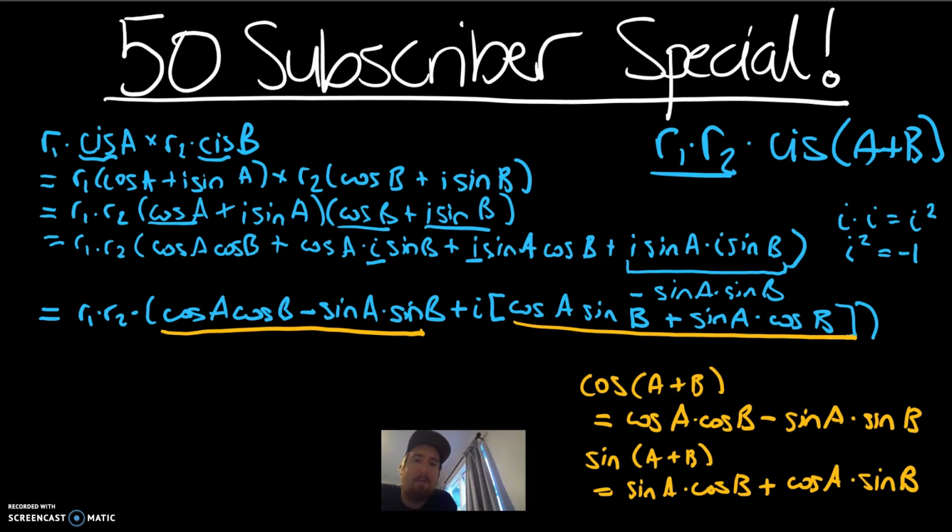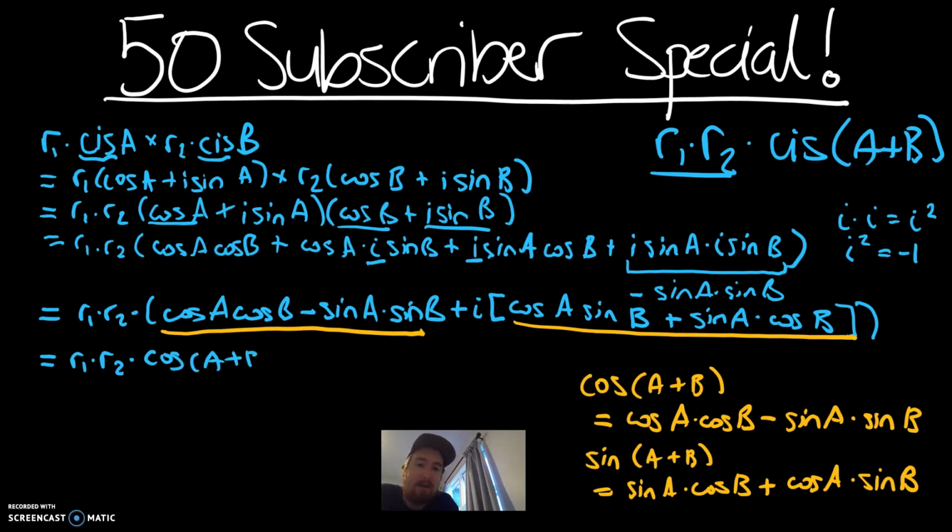I'm just going to switch back to my blue pen to carry on with my working. Okay, so we're going to do R1 times R2 times, so that first part, that becomes cosine, and in brackets A plus B. So cosine A plus B. Okay, and then after that, I'm just going to put those in square brackets.